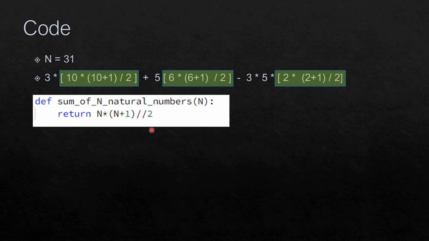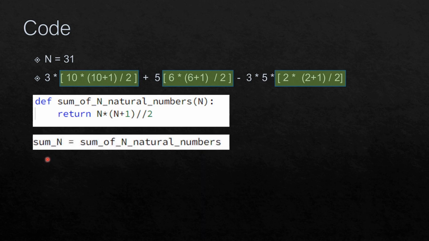When you create a function, you can have a meaningful name, but you can also create one more function just to call this function, like I'm doing sum of n is equal to this. It's up to you. You can also create this sum of n directly here. How you design it is up to you.